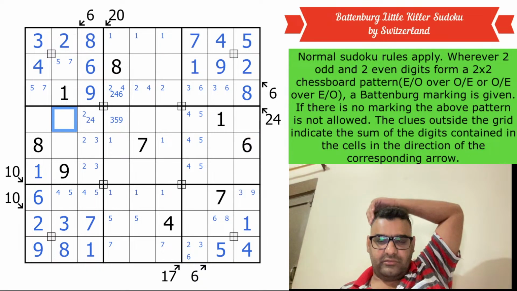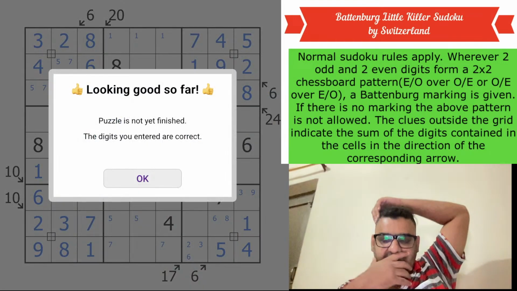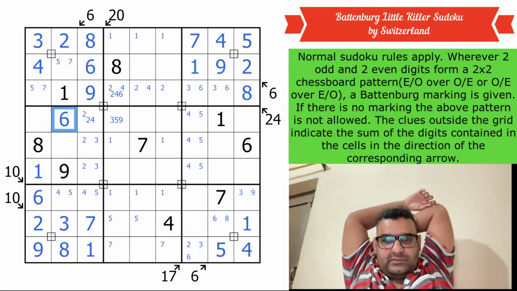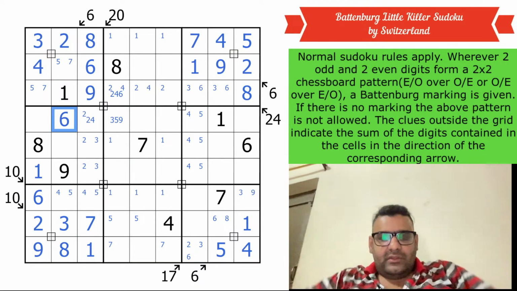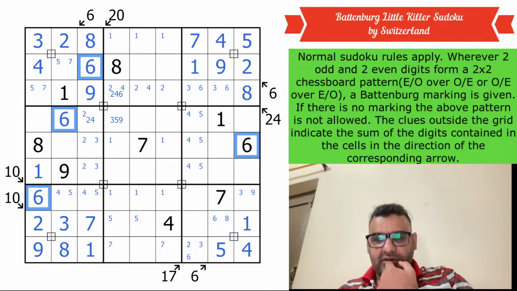So this number is going to be 6. This number is going to be 6. Yes. See that after so much time, this was revealed much earlier. So 6 can be here, and for this 6 can be here.